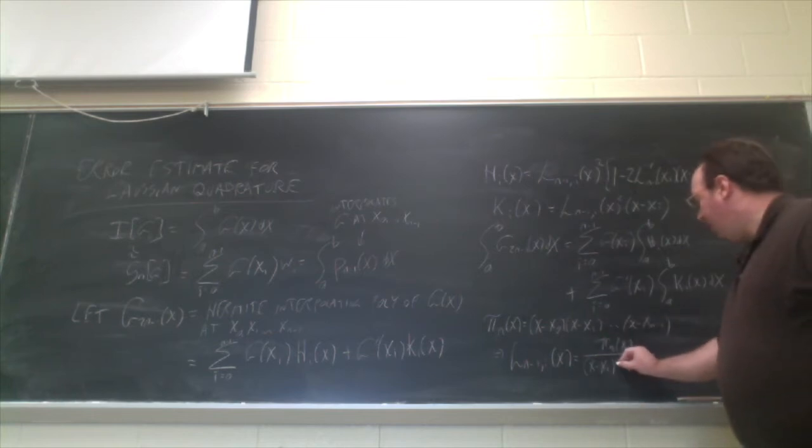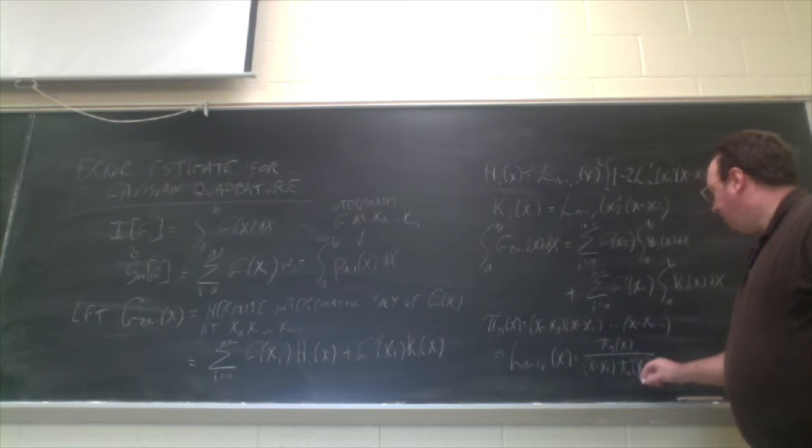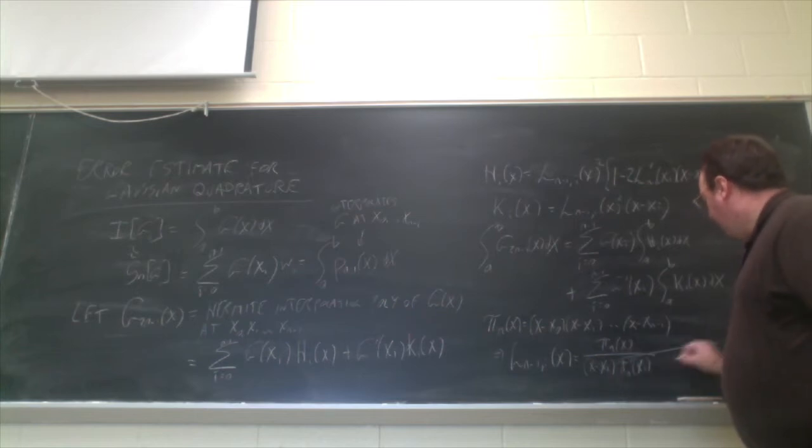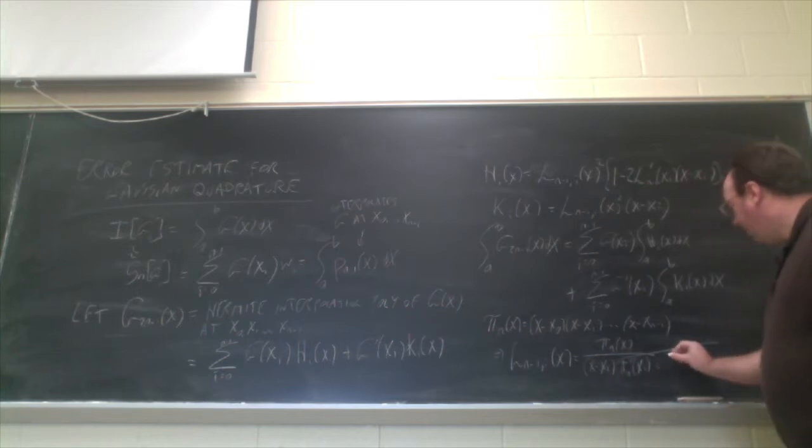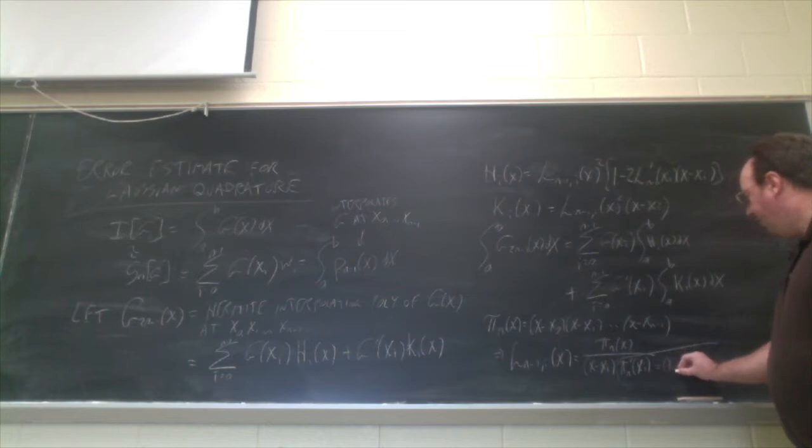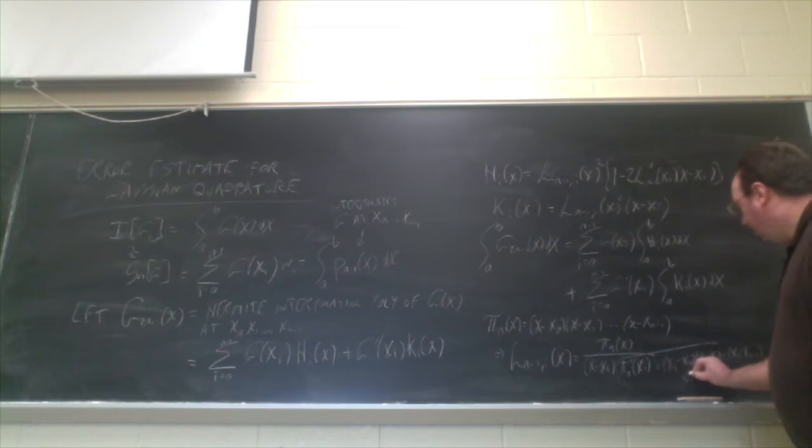And then down below I have pi_n prime at x_i, because this is equal to x_i minus x_0, x_i minus x_1, etc., down to x_i minus x_{n-1}, but skipping x_i minus itself, because we don't want to divide by 0.